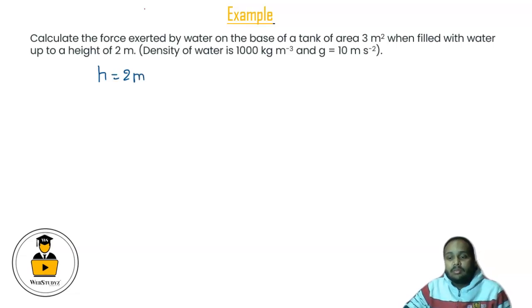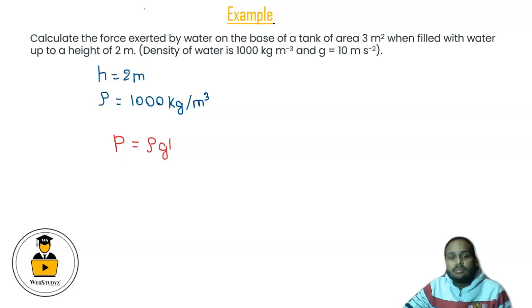So height is given. Apart from this, we have density of water, which is basically rho, and rho is equal to 1000 kg per meter cube. Fine. Now, from the formula, we know that pressure is equal to rho into gh.